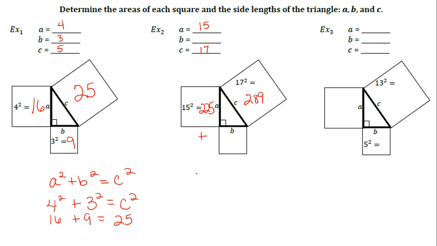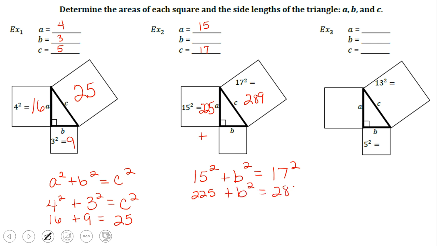So let's plug this into our theorem. We have a squared plus b squared equals c squared. So we had 225 plus some value squared is equal to 289.